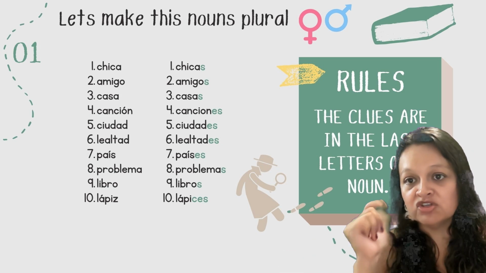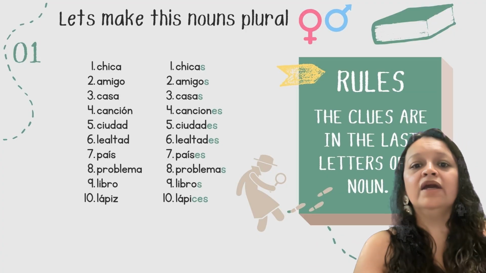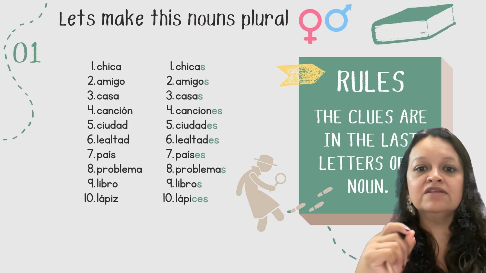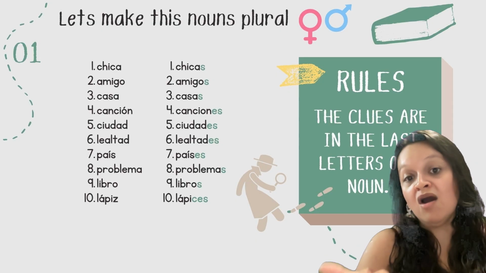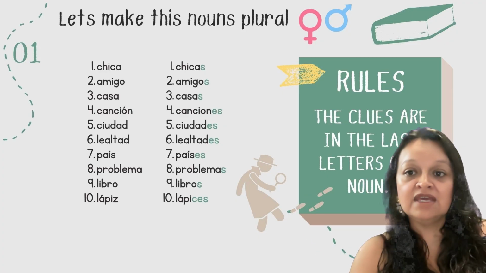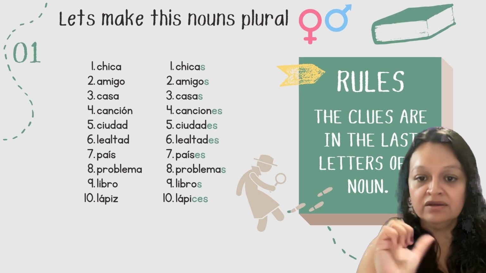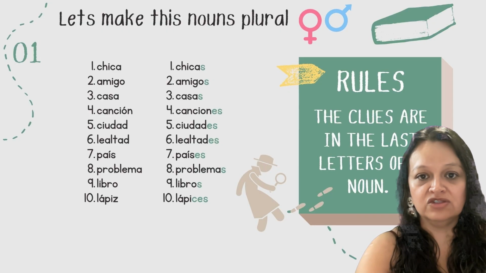Just make sure that as you're reading them, tell yourself the reason why. Why is this ES? Oh, it's a consonant that ends. Why is it just an S? Oh, it's a vowel. What happened with the Z? Why did it change? Oh, the rule is that you drop the Z and add CES. So make sure that you are processing the reasons why we're doing these changes.